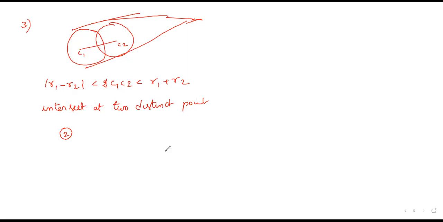Next, suppose the two circles touch internally. Then C1C2 equals mod R1 minus R2. If mod R1 minus R2 equals C1C2, then the two circles touch internally.